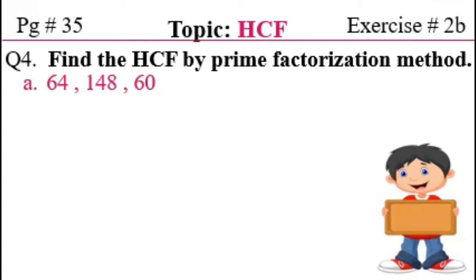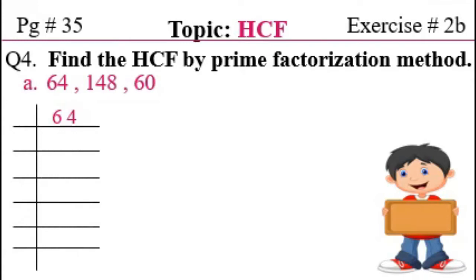First step was find the prime factors of the given set of numbers. So firstly, we will find out the prime factors for 64. As 4 at ones place is an even number, therefore 64 is an even number.